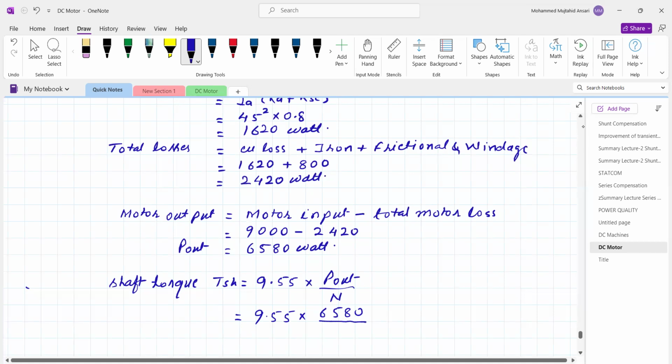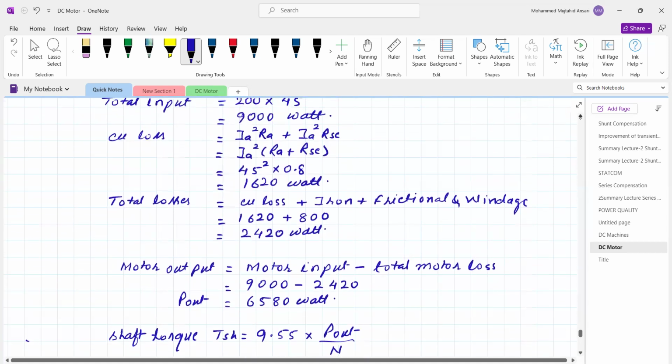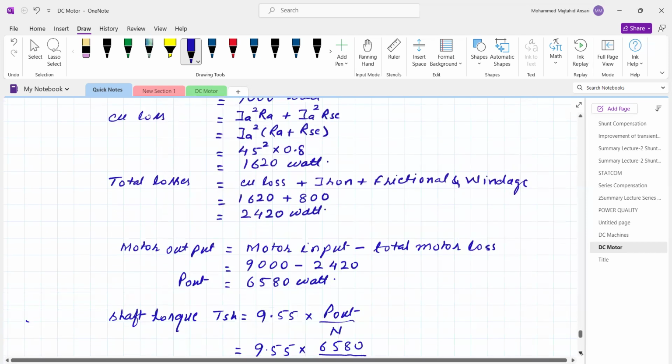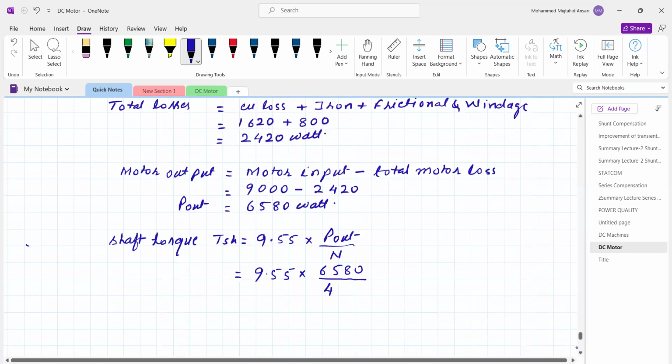The speed is already calculated, 488 RPM. So shaft torque TSH equals 128 Newton meter. So this is the shaft torque.